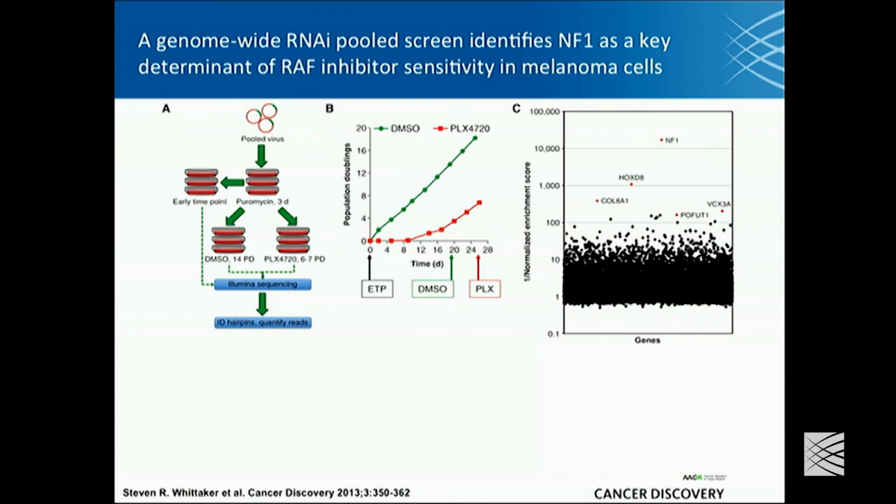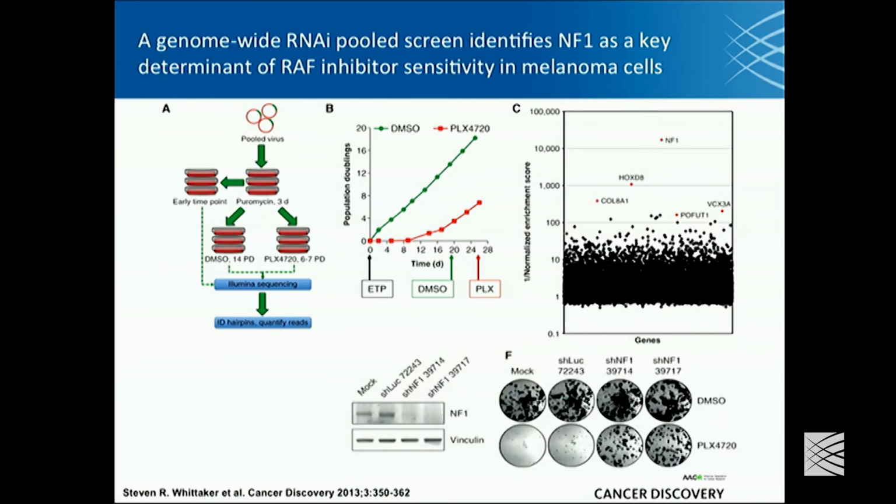And those that are enriched, the top 5 enriched genes, and the top hit here is NF1. And when he went to validation, he showed that the shRNA targeting NF1 is able to suppress the protein by Western blot. And when he did a colony formation assay, he showed that the cells grow in any condition in absence of the drug.